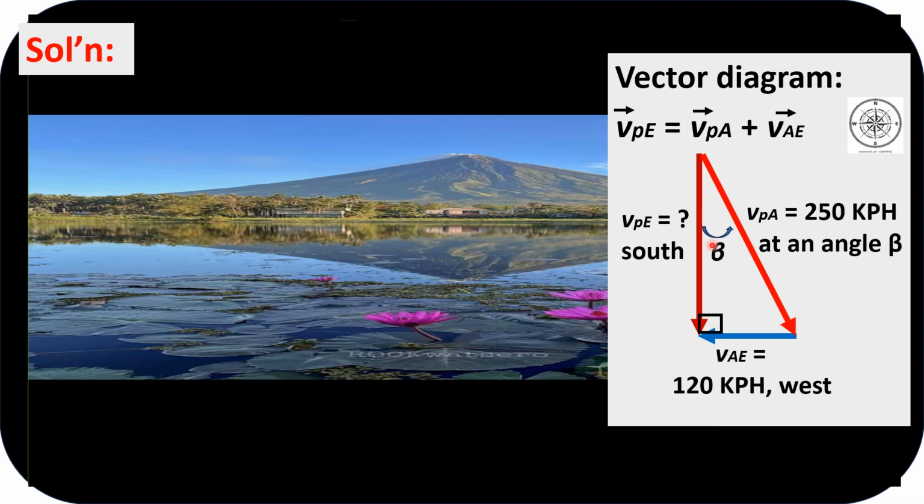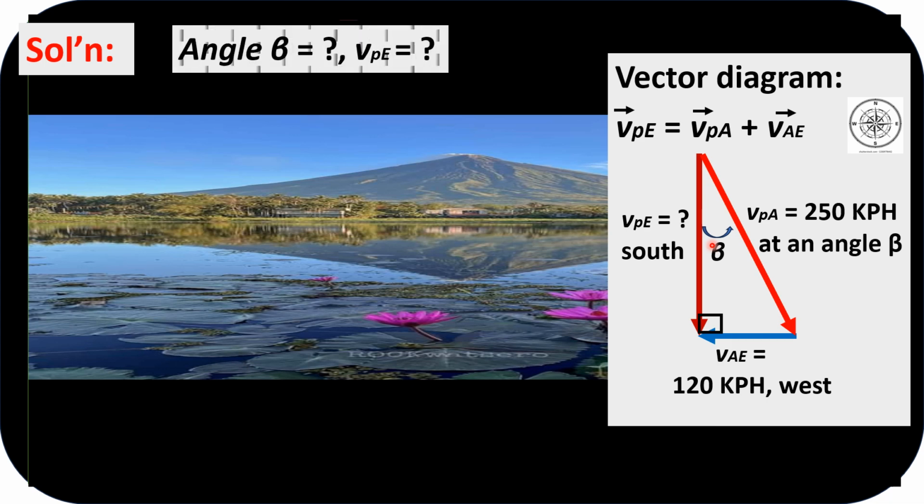So beta is one of our target variables, and the other target variable is v of PE.